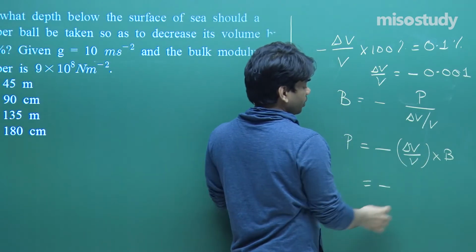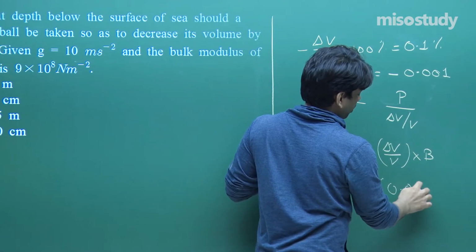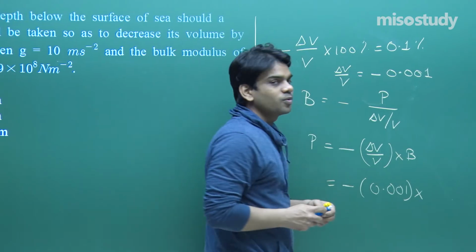So I'm going to put the value here, 0.001 multiplied with bulk modulus.